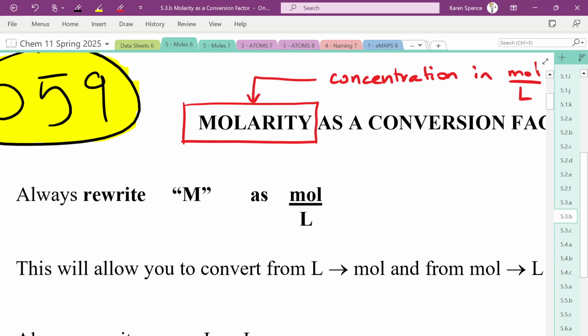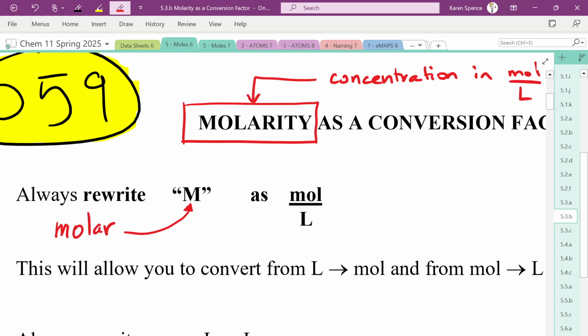You will probably, in the question, be given the molarity in the unit capital M. Tell your partner, how do we read that capital M? Molar.